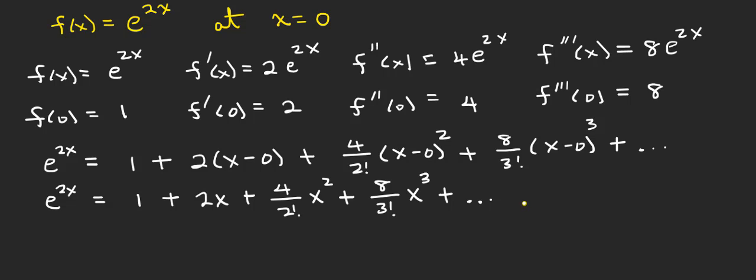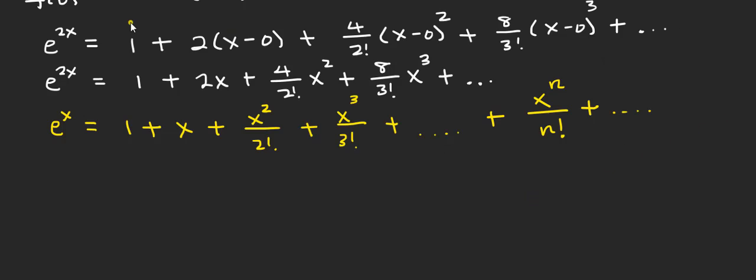But there is a shorter way of doing this. Recall that the Maclaurin series for e to the x is 1 plus x plus x squared over 2 factorial and so forth, up to x to the n over n factorial. By the way, this is called the general term. Now we're only talking about Maclaurin when x equals 0. In order to find e to the 2x, all you've got to do is, instead of x, substitute 2x.